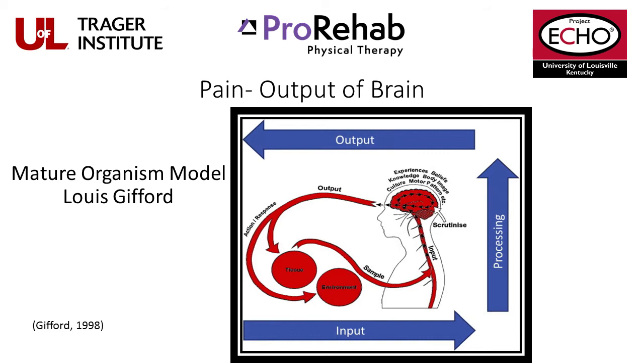The brain looks at what's the situation, what's the environment, what are the brain's beliefs, has it had anything like this before, any history? Based on those cognitive processes, if the brain feels that there is imminent danger, then it will output pain to evoke a response, either to withdraw from the environment for safety or to evoke a response in the tissues for inflammation, healing, repair, and such.